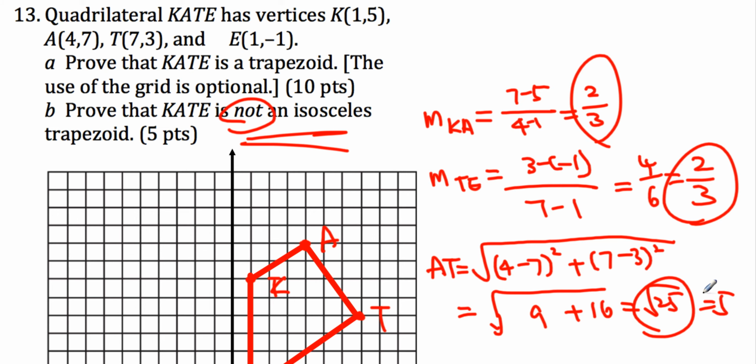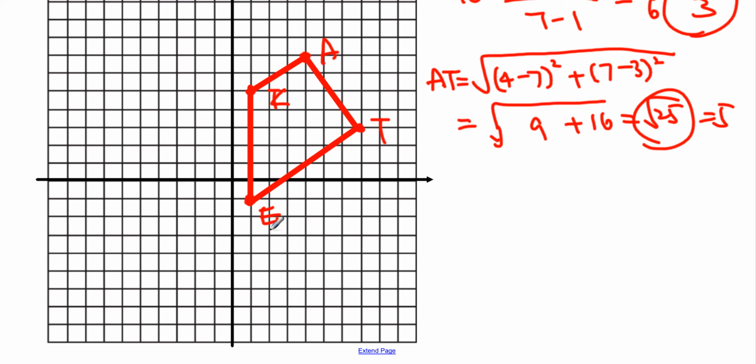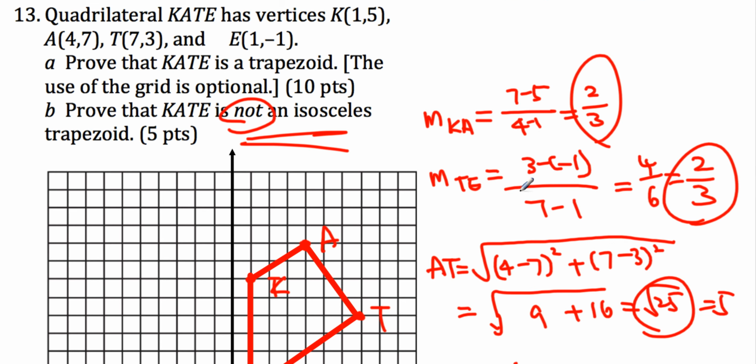So that's AT. Now, KE is a vertical line. So for KE, all you have to do is count boxes 1, 2, 3, 4, 5, 6. That's how you can show that.